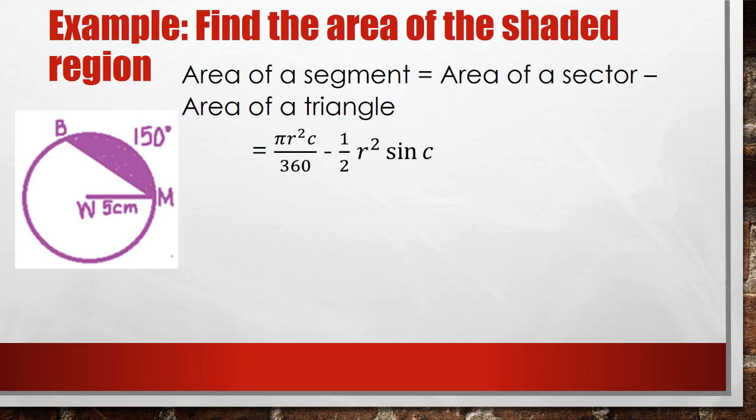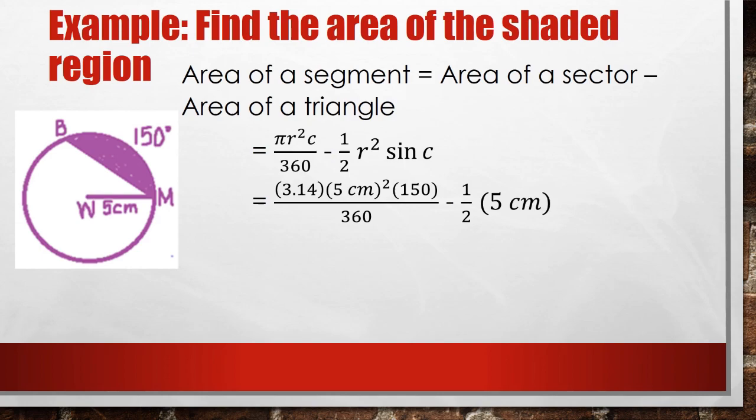To continue, 3.14 times 5 centimeters to the second power times 150 over 360 minus 1/2 times 5 centimeters to the second power times sine 150. Na-substitute ko na yung value ng C, which is 150.